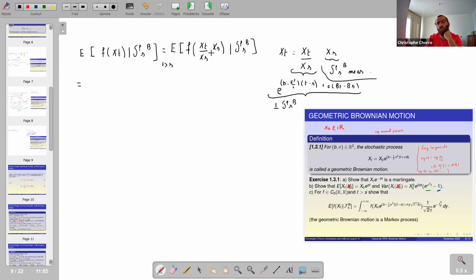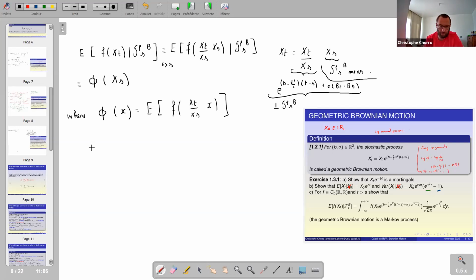So what I know, my part is independent here, my part is Fs measurable, so it's a function of Xs here, where phi of x is given by the expectation of f of Xt over Xs times small x, in fact, because Xs is here. Okay, so this is the expectation I have to compute, and we are going to express this expectation using an integral.